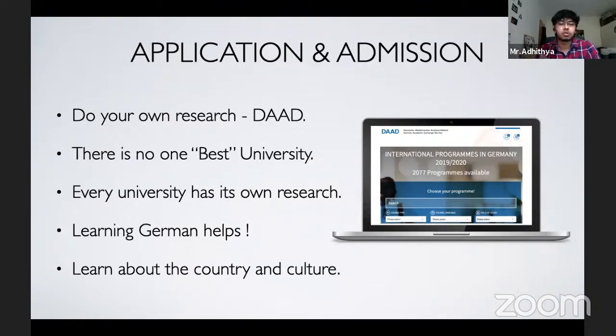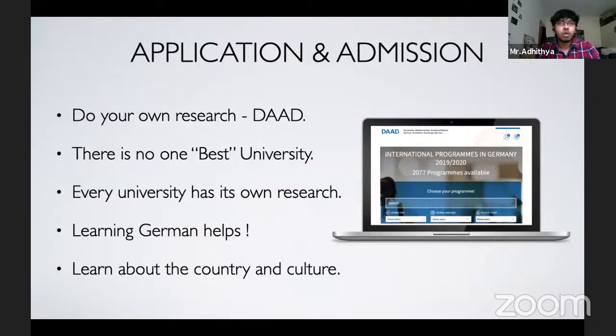You can go through each of the universities and check the links on the requirements for admission, which university offers which program, and how long the master's program is, 2 years or 1 year. So you get to see all these options on the website. Apart from this website, there are also other websites, but this is a bit more official.